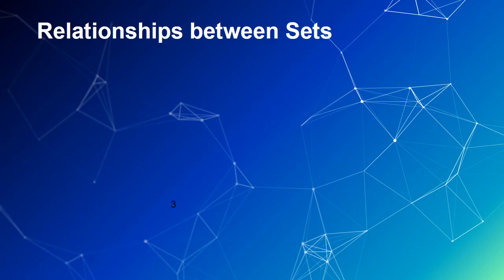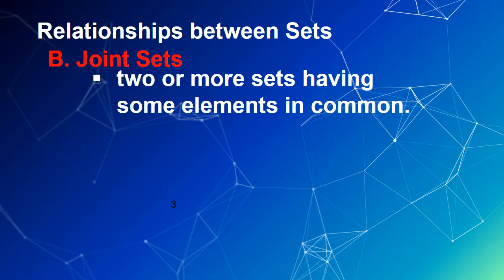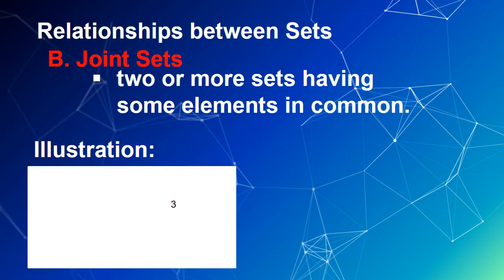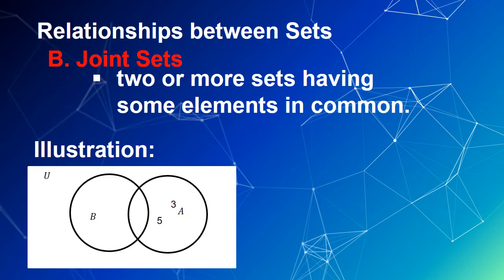The second group contains common elements between two or more sets. This is what we call joint sets: two or more sets having some elements in common. Let's say, for instance, we have this universal set. The first set has the elements 3, 5, and 2, and we also have 7.